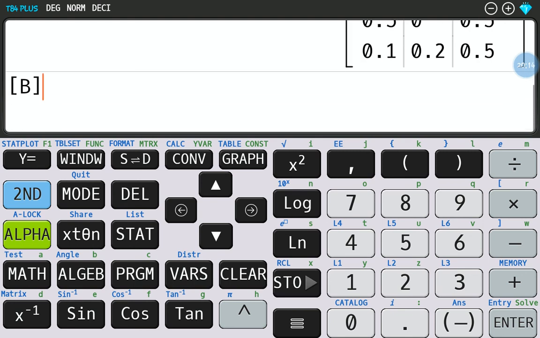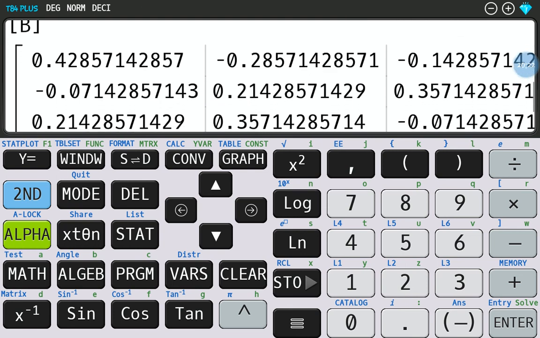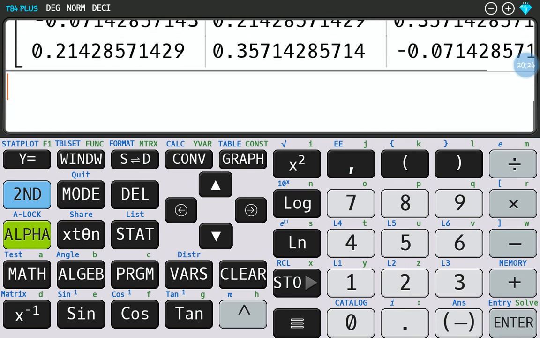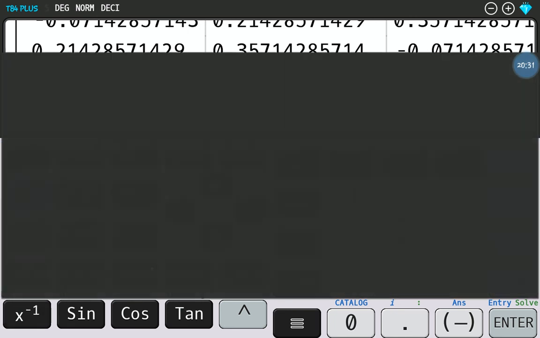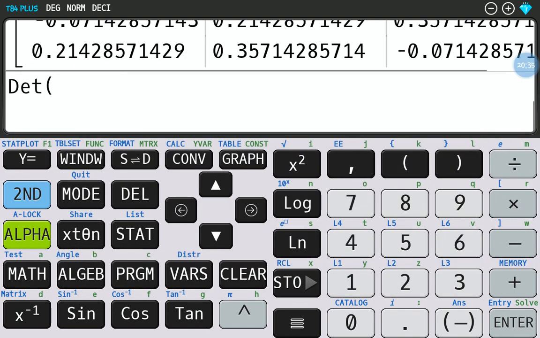Now I want you to find the inverse matrix of B because I already input B there. Oh, that's going to be my inverse matrix. Okay, it's really long. But you know what? I originally wanted to get the determinant. Yes. So, second, matrix. I want you to get the determinant of what?